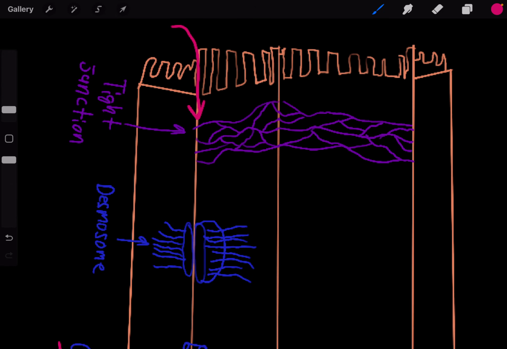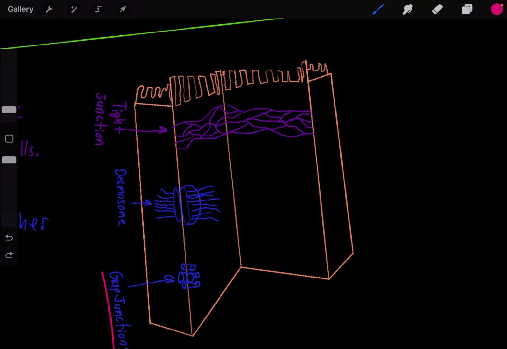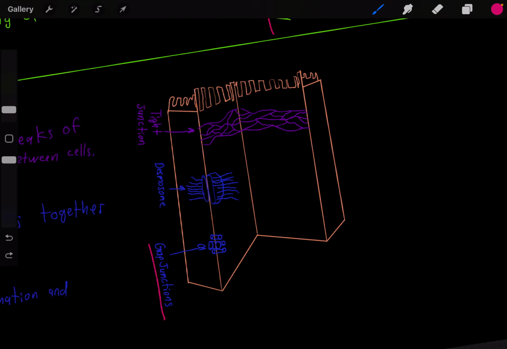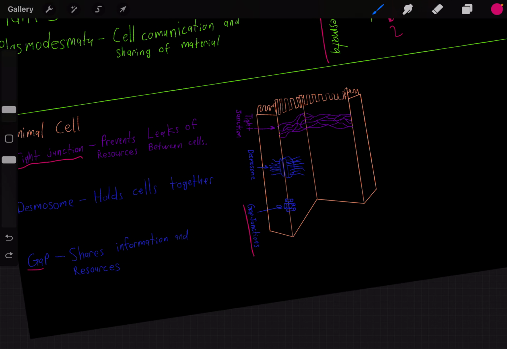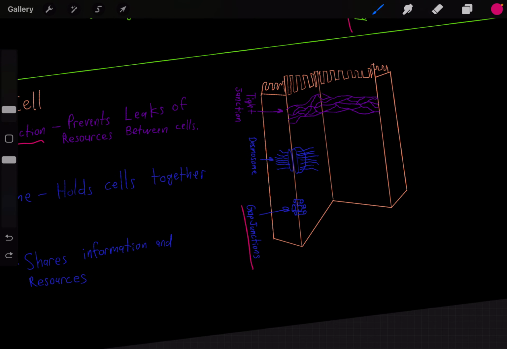That's what a tight junction does. If we didn't have a tight junction, and things went all the way down, we can get infections and stuff like that. So tight junctions are really important for preventing liquid and food from going down between the cells.